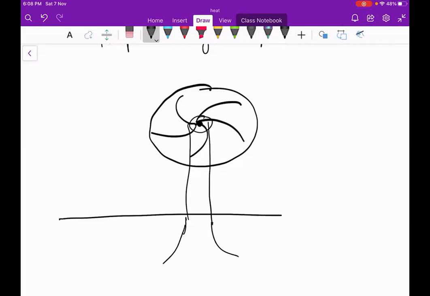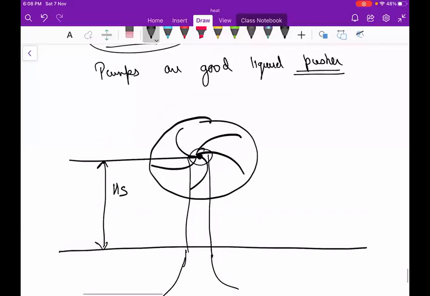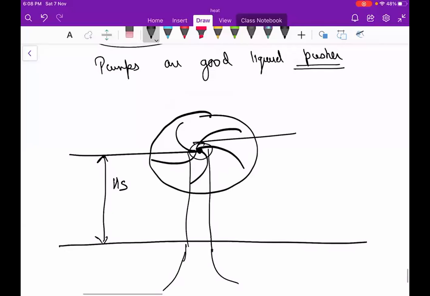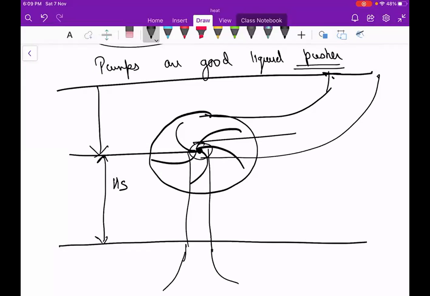From this section we consider HS, which means suction height, and it goes somewhere else, which will be HD. We will be more interested in HS.